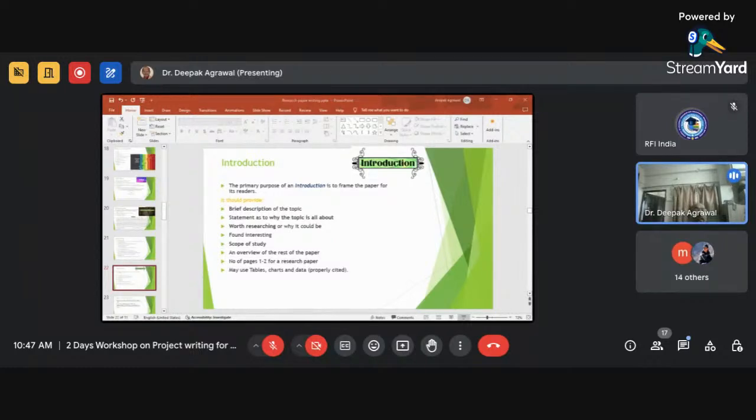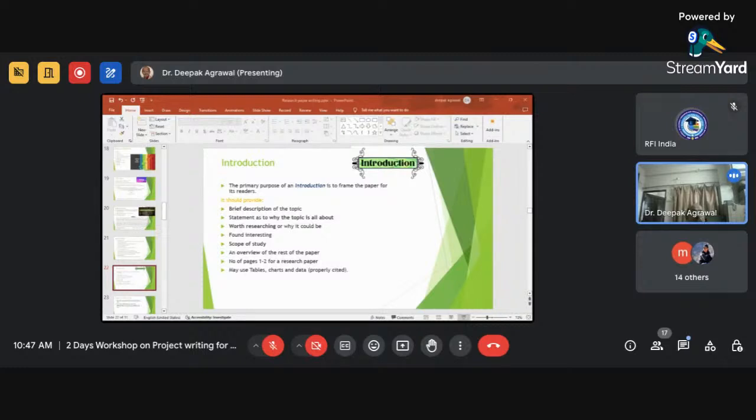The next part is the introduction. Usually in thesis writing, the introduction contains 30-40 pages. It all depends upon the guide's expertise. Some guides may say that the introduction should be much shorter and your methodology and results should be much more. So it depends. But what must the introduction include?